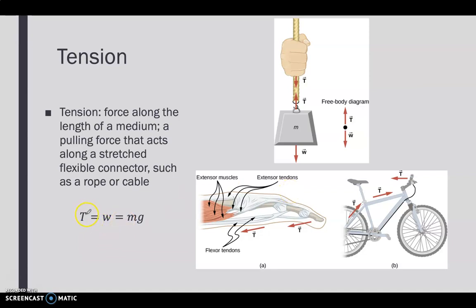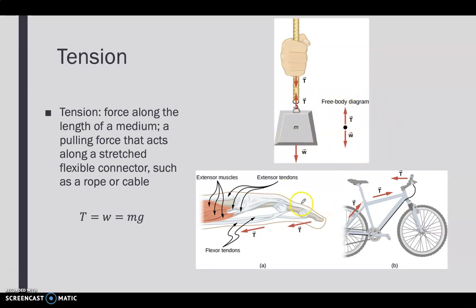T, or tension, is equal to the object's weight, or mg. So this is an example of this. We have someone holding on to a weight that's attached to a rope. So there's tension in the rope, and this is how we would typically draw the forces involved here. And this would be the free body diagram of the mass here.